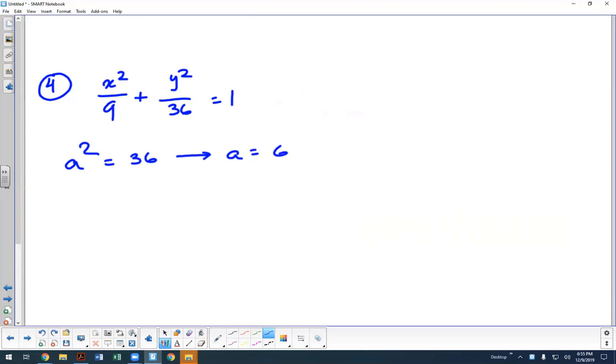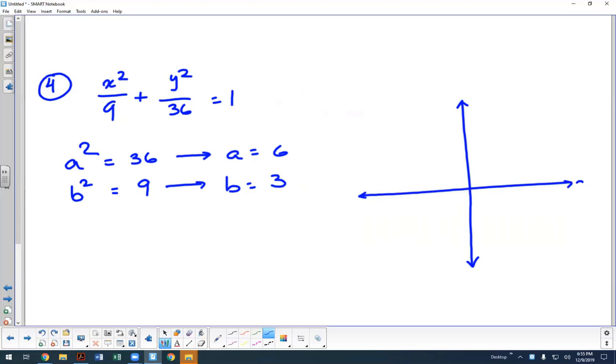Square root of 36 is 6, which means I am getting my y-intercepts from there. B squared will be the other denominator, which is 9, which means b is going to be square root of 9, which is 3.